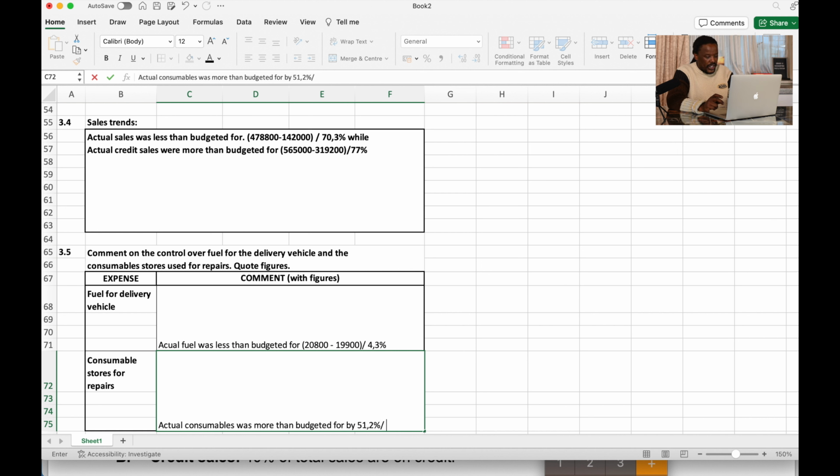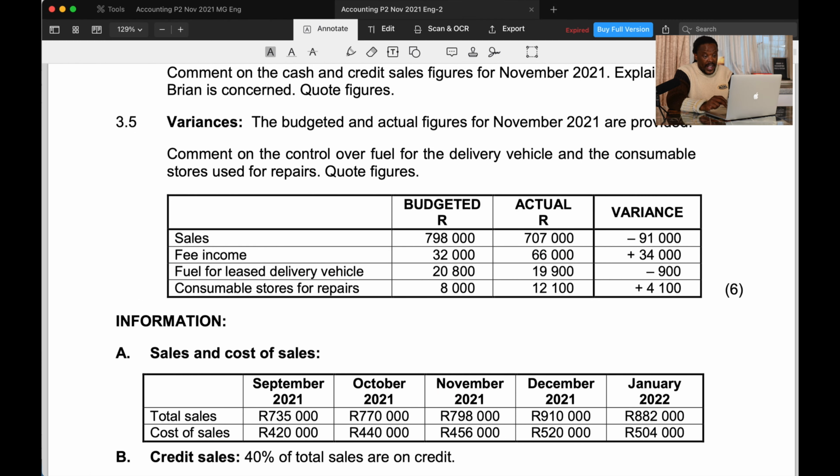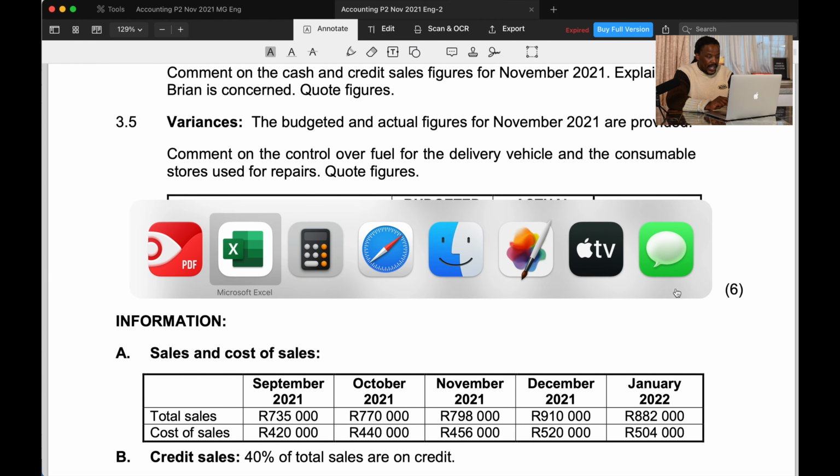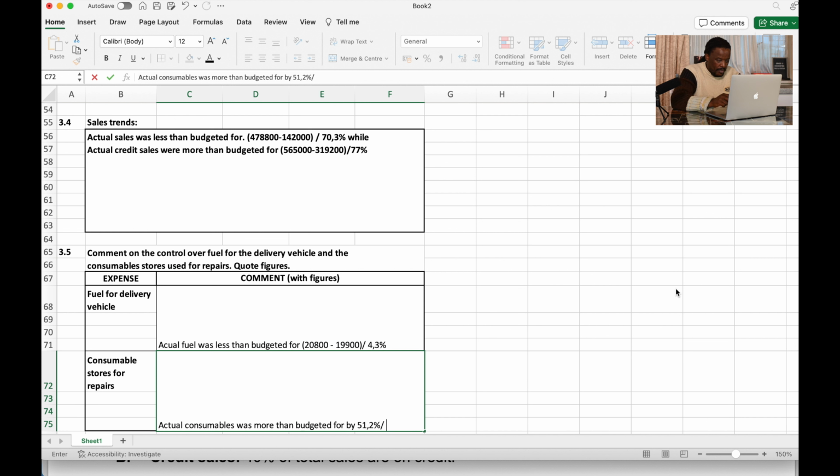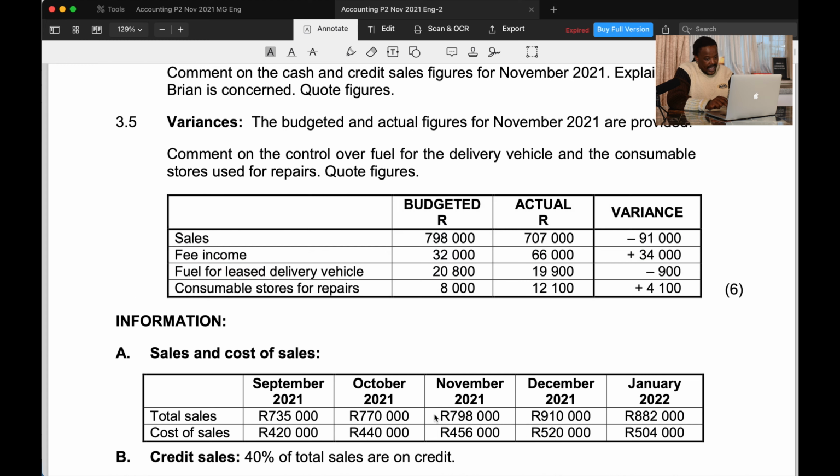Or you can just mention that difference of a variance, by 4,100. Actual consumables was more than budgeted for. And these are your answers.